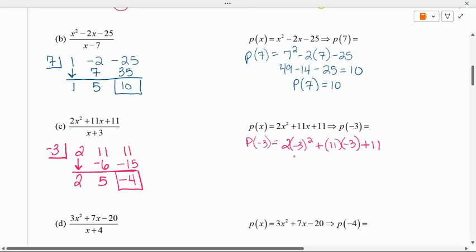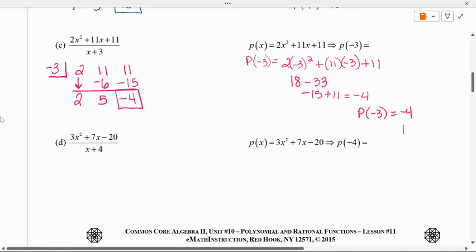Let's see, negative 3 squared is 9. 2 times 9 is 18. 11 times negative 3 is negative 33. So I'm at negative 15. And negative 15 plus 11 is negative 4. So P of negative 3 equals negative 4.